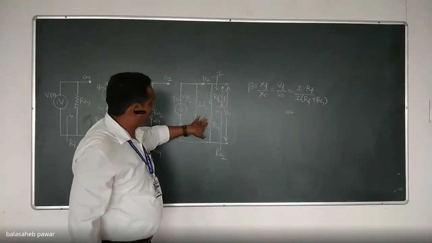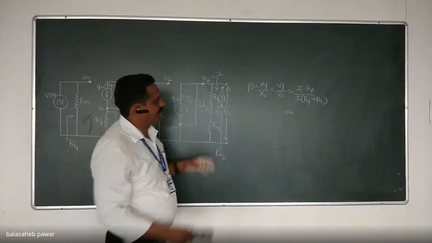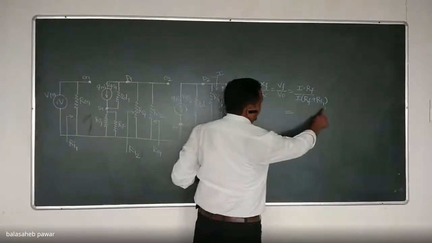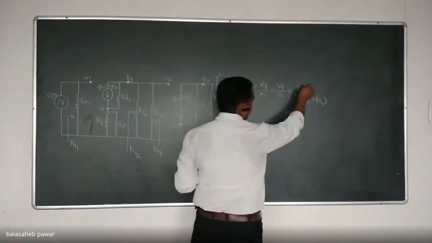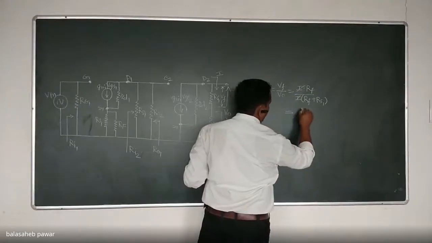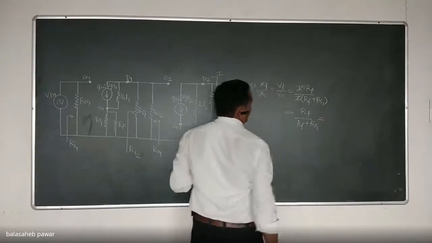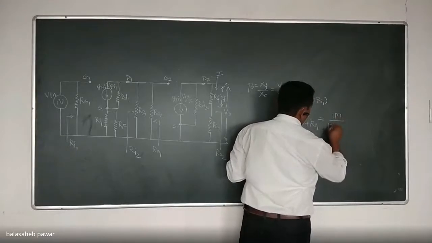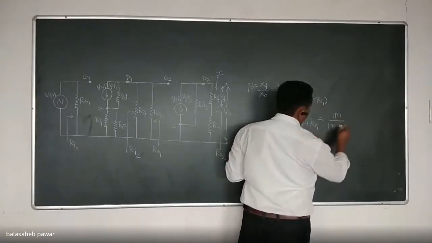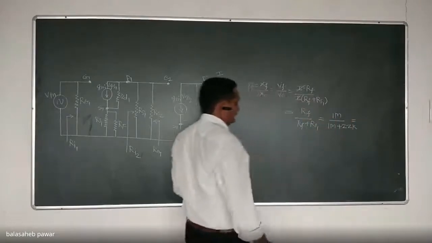Again the current is I, and as they are in series, the equivalent is simply the addition of the two resistors. So I will get cancelled, and at the end it will be RF divided by RF plus RS1. RF is given as 1 mega ohm divided by 1 mega plus RS1, which is given as 2.2 K. So find out the answer.